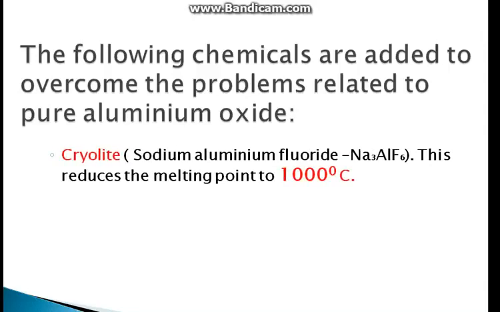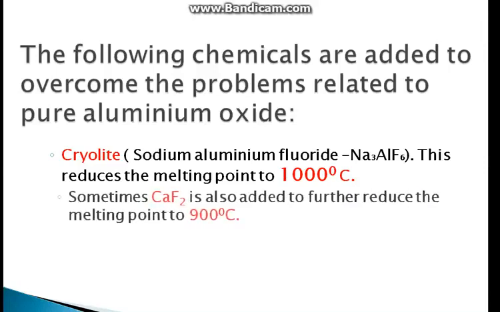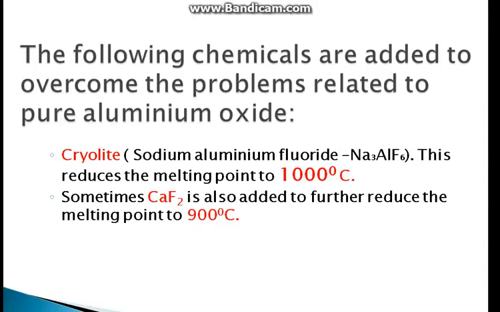Cryolite, that is sodium aluminium fluoride, Na3AlF6, can be added to pure aluminium oxide. As a result, the melting point is reduced to 1000 degrees Celsius. Sometimes calcium fluoride is also added to further reduce the melting point to around 900 degrees Celsius.